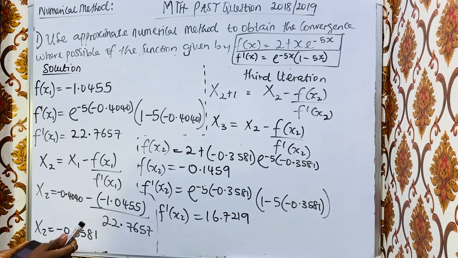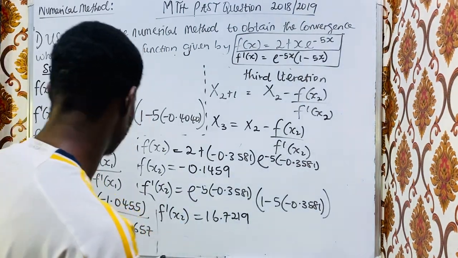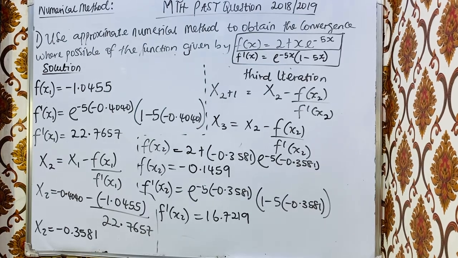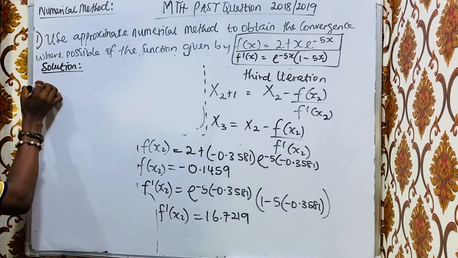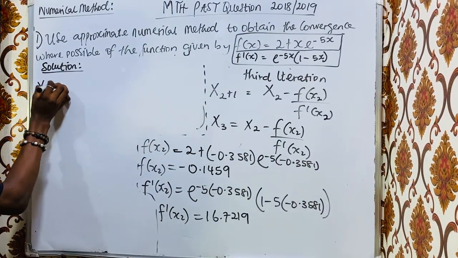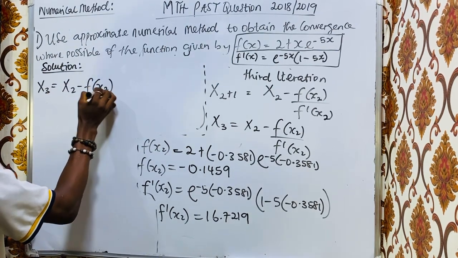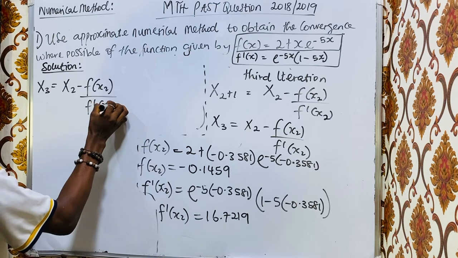Putting it in our formula to obtain our x3. So x3 is equal to x2 minus f of x2 all over f prime of x2.